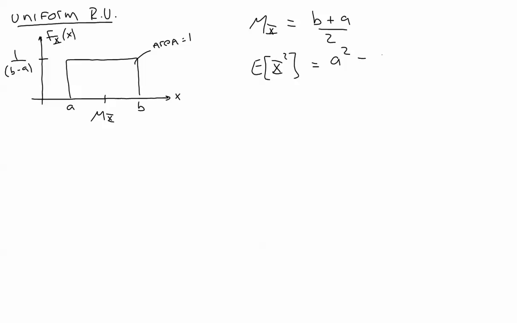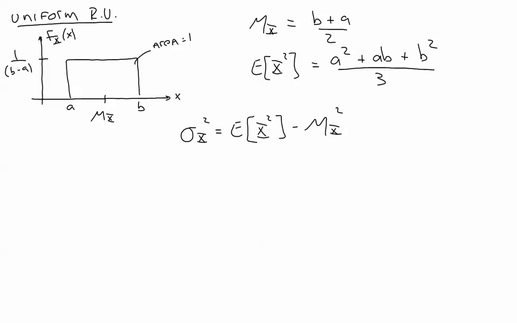a squared plus the product of ab plus b squared over 3. That wasn't particularly obvious, but we did it in the previous video. All right, let's find the variance for my uniform random variable. And I'm going to use this handy relationship.